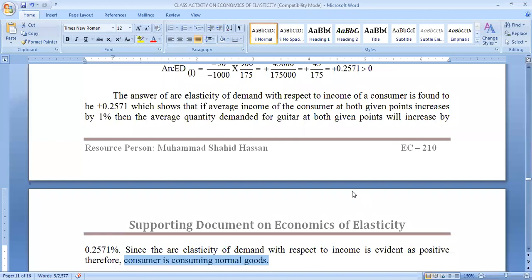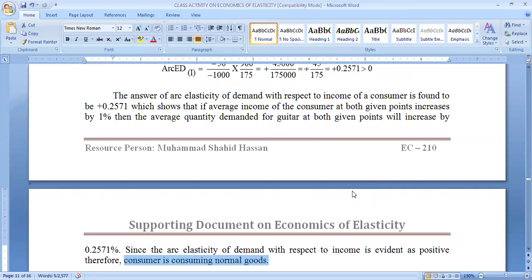This is something that I have already explained in my previous class: when income elasticity of demand is found to be positive, irrespective of whether it is point or arc, then the consumer will be using a normal good. And if it is negative, then the consumer will be using an inferior good, right?